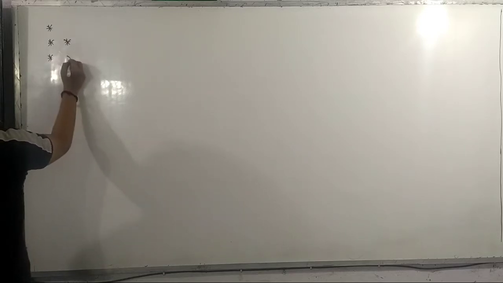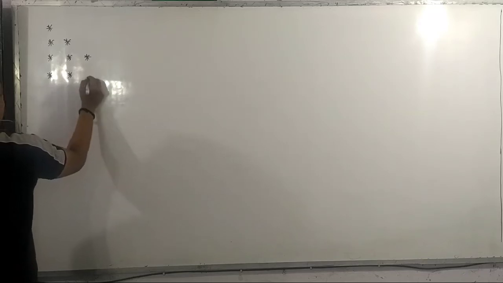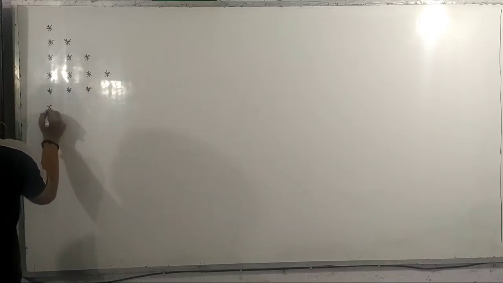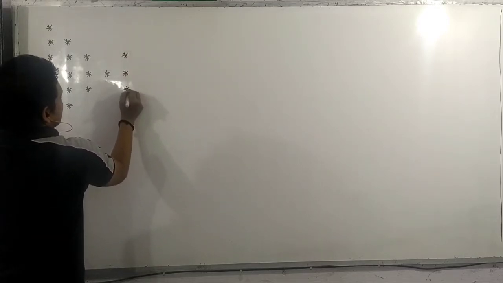See, it is very interesting. One star, then let me draw it: 1, 2, 1, 2, 3, 1, 2, 3, 4, then 1, 2, 3, then 1, 2, and then 1. Okay, then here I will draw 3 stars.